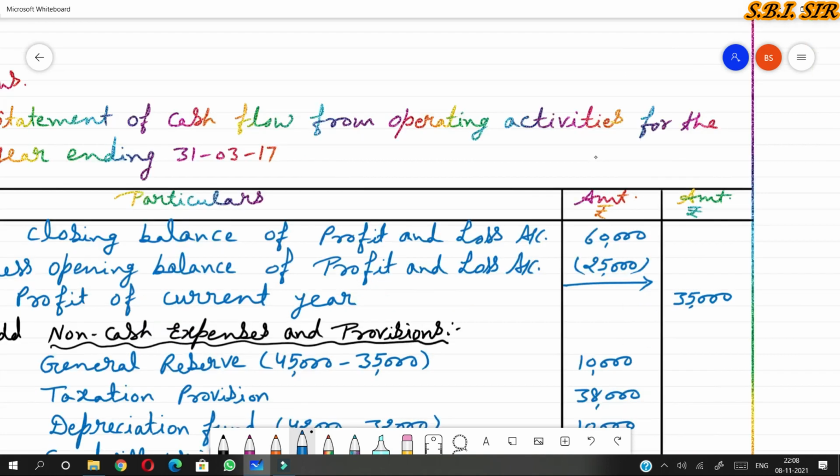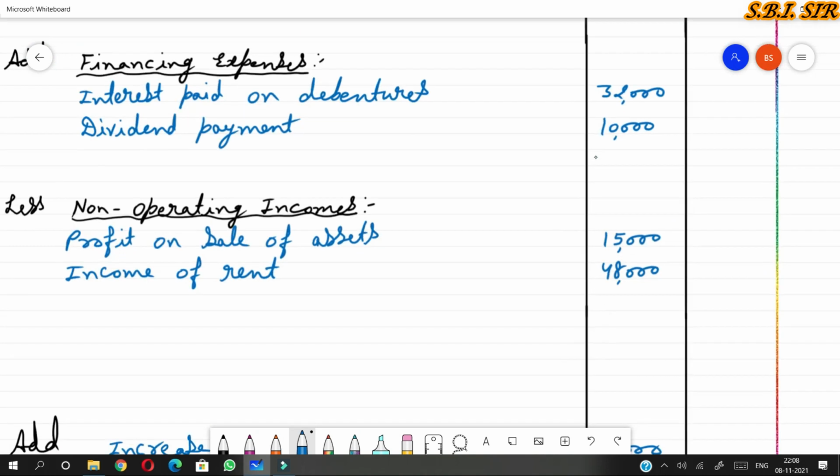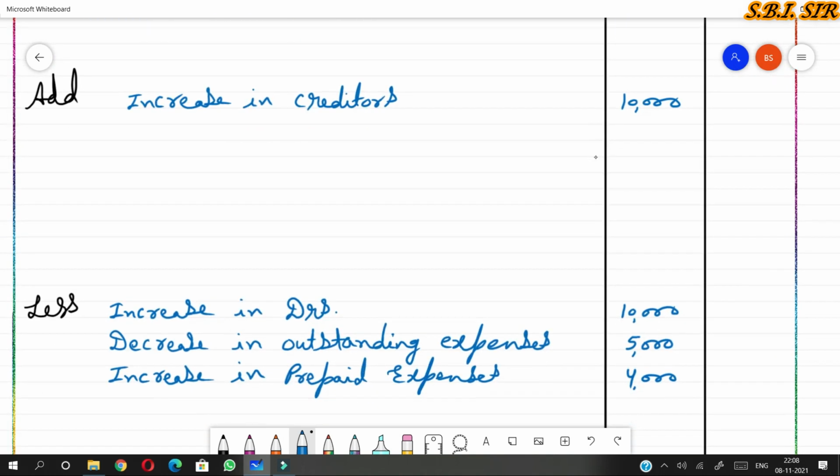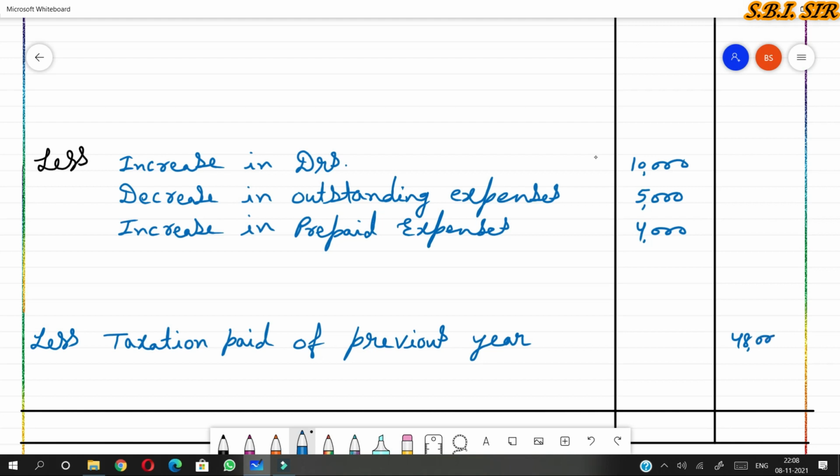Then students, one entry is remaining, 48,000. This will be recorded last. We will deduct this amount at last: less taxation paid of previous year 48,000.